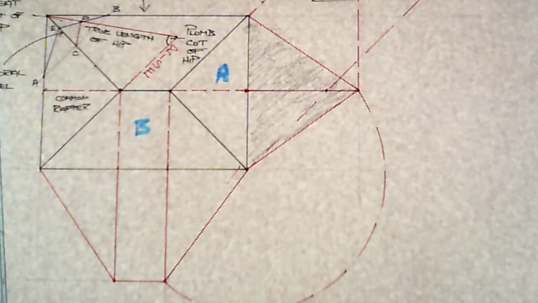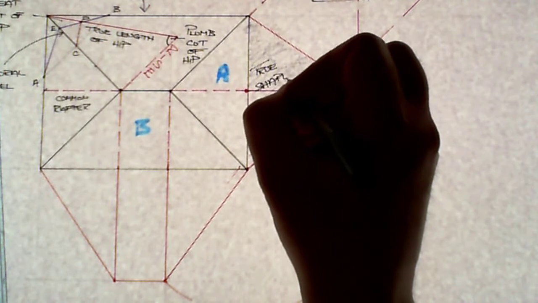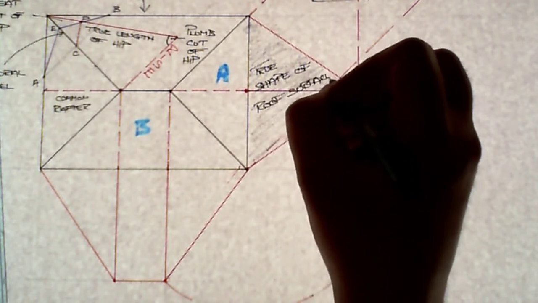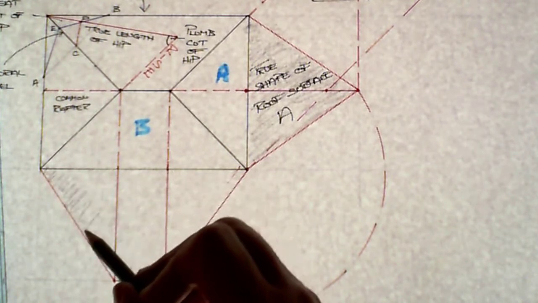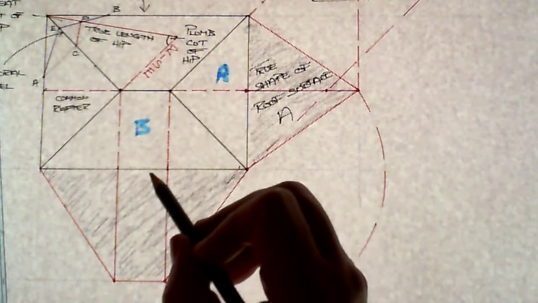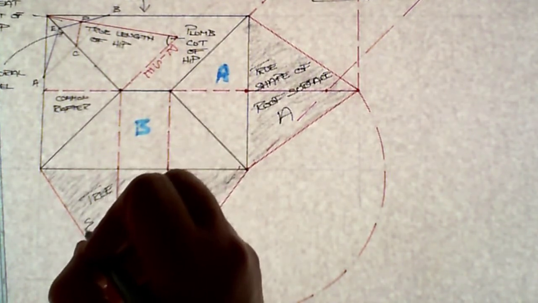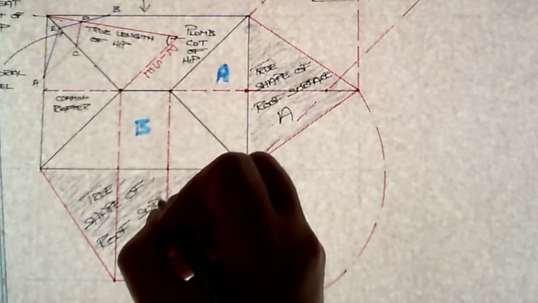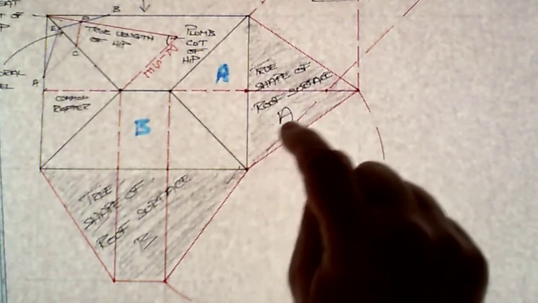That there is a true shape of roof surface A, and this here, if I shade this in, this is the true shape of roof surface B. So you've got the true shape here of B, true shape here of A.